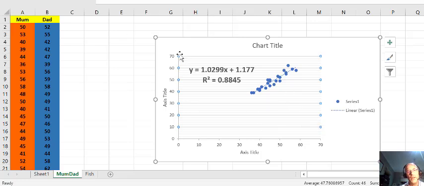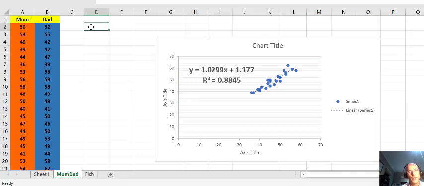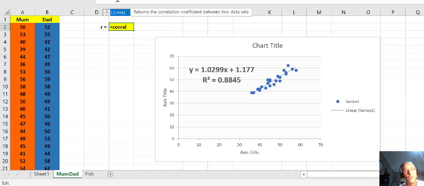Now how do you find R, the correlation coefficient? I did show it in a previous video. One way of doing that is to go equals CORREL, open brackets, and array 1 is in column A. There you can see all the ages of the various mothers, so we've got to put the cell references in there.